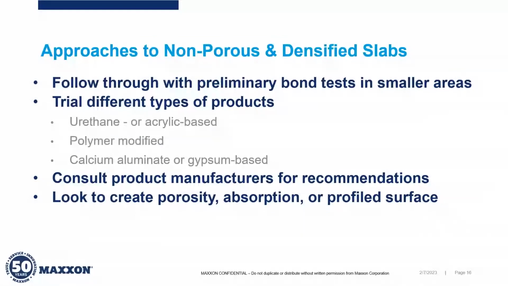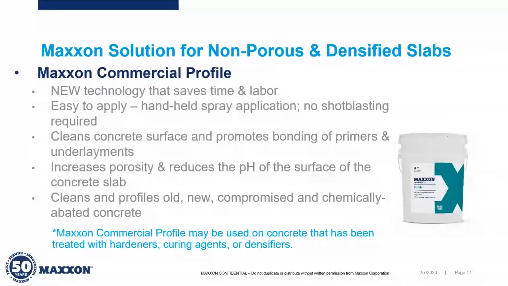And almost certainly they're going to recommend some sort of profile to create porosity and or absorption in that slab. So this next slide talks about what Maxxon has to offer to promote porosity. And we have a product called Maxxon Commercial Profile. So this is a way to achieve that porosity and or a texture of the surface without the necessity of mechanical tooling.